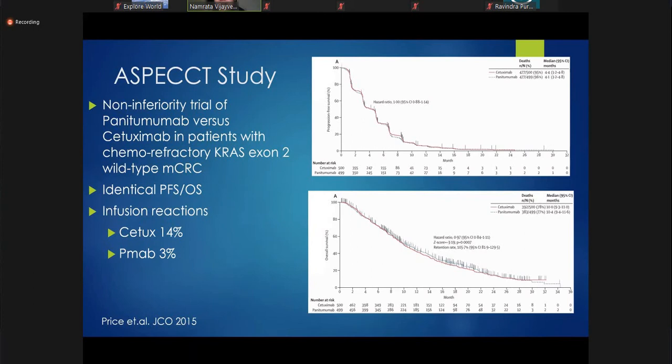So there was no significant difference between the two drugs. And interestingly, you can see the infusion reaction rate with panitumumab was only 3% compared to 14% with cetuximab. So we used this study to say, obviously I pretty much use it to switch panitumumab for any cetuximab that I use, based on these results and better infusion reaction rates.